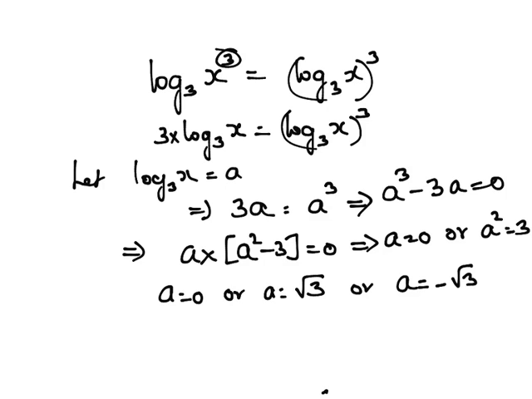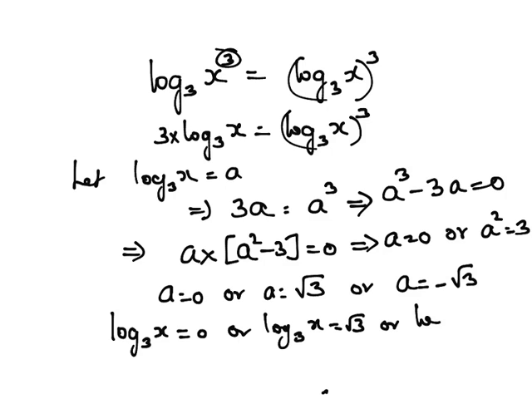Now again, my objective is to find the value of x. So a is nothing but log x to the base 3 equal to 0 or log x to the base 3 equal to root 3 or log x to the base 3 equal to minus root 3.